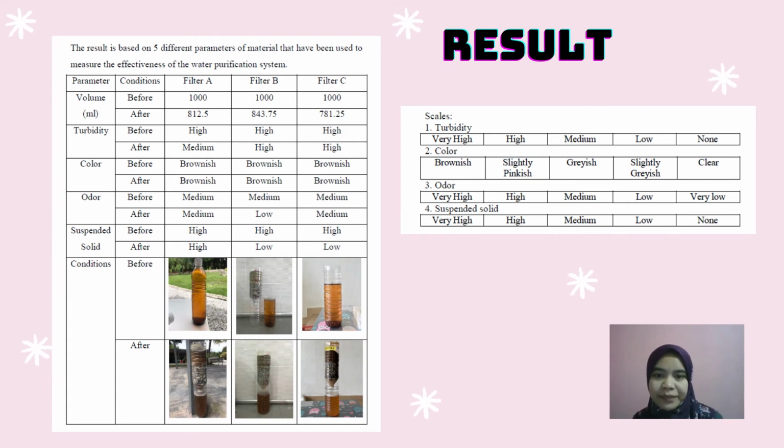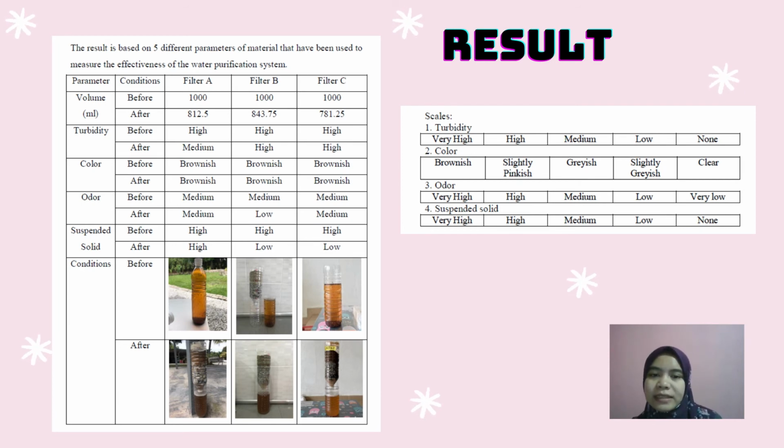The turbidity changed at filter A, from high before to medium after. For filters B and C, turbidity remained high. For the color, all 3 filters show no change; it is the same as before, a brownish color.